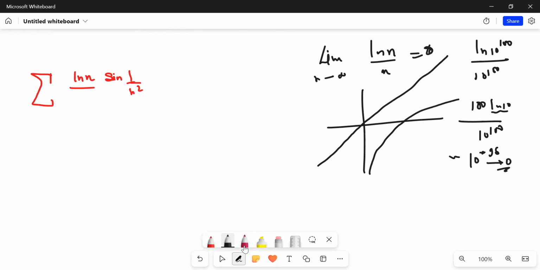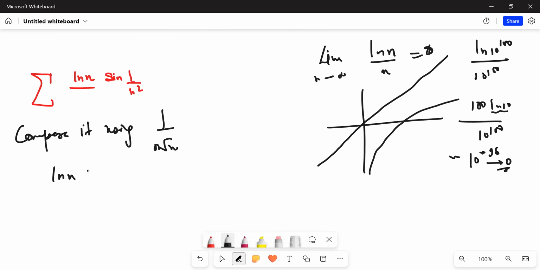So n square is here, and I can compare it with something. Okay, so I can do one thing. I can compare it using 1 upon n root n.